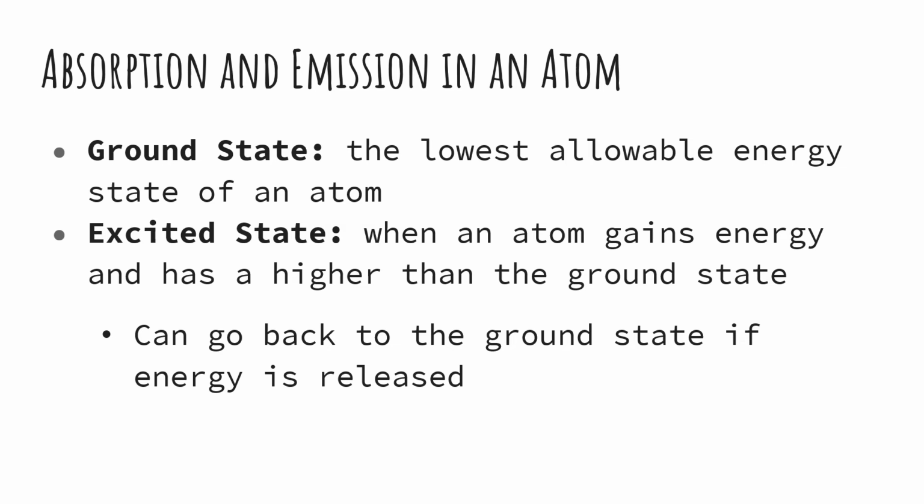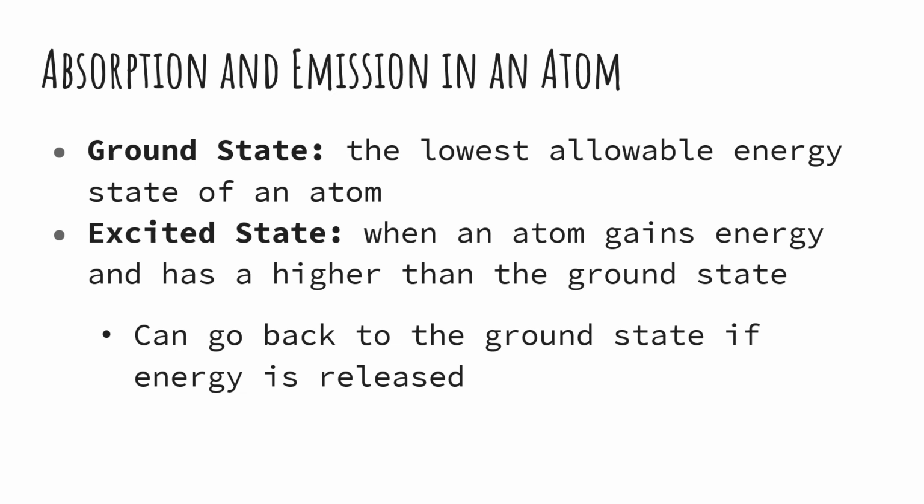When we hear the word excited, we know it's someone who is happy, so we know they have a lot of energy, right? So an atom that's in an excited state is an atom that has a lot of energy and wants to do something with it. To lose the energy, an atom has energy that needs to be released, and it is released as a photon.